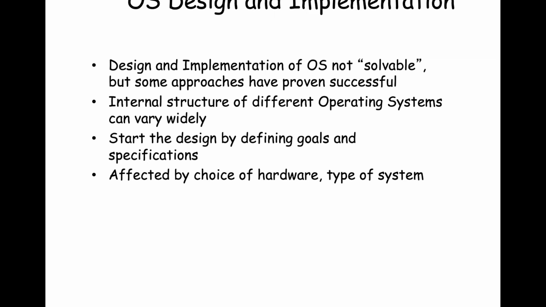So the first thing you do is you start by looking at the goals and specifications of the underlying platform or application that you have. What are your needs? And this is affected by multiple things. At the bottom, the base level, it's impacted by the type of hardware you have available. And so let's say you have a piece of hardware that has a custom chipset that can do very strong encryption.